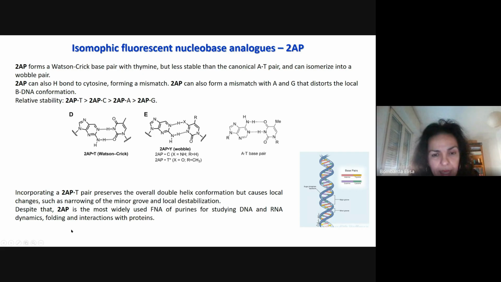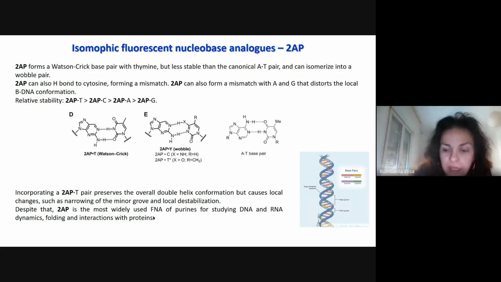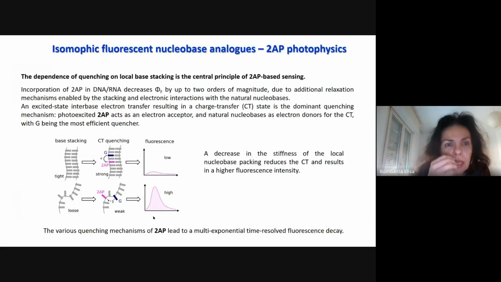And so, stabilization. Anyway, even if there are some drawbacks, it is really the most widely used fluorescent nucleotide analog for studying DNA and RNA dynamics, folding, and interaction with protein, as we can see here in some examples.